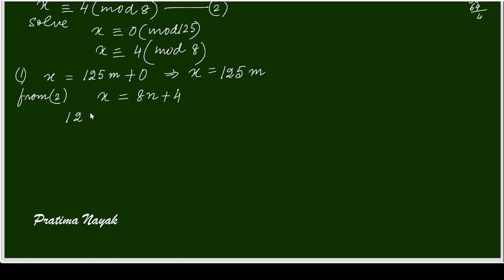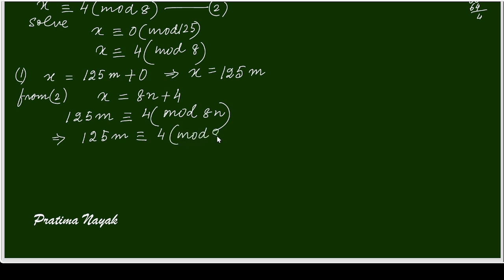So 125 times any multiple is congruent to 4 modulo 8. Or this is the same as m times 125 is the same as 4 modulo 8.